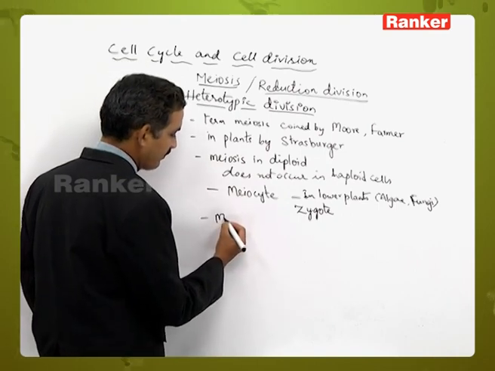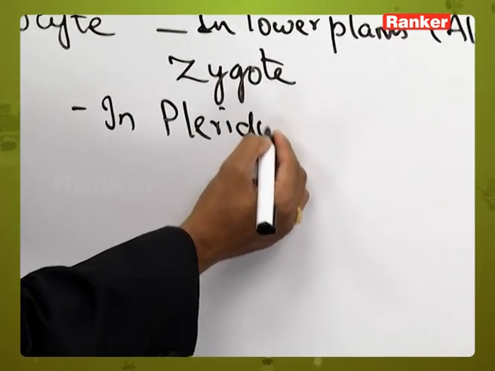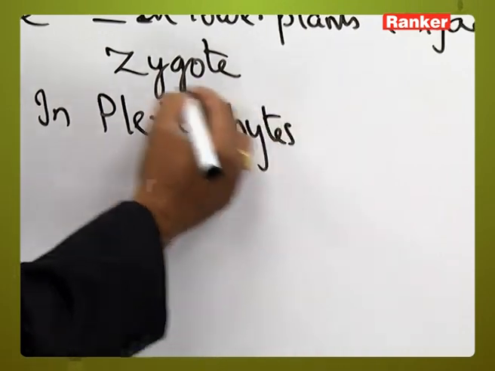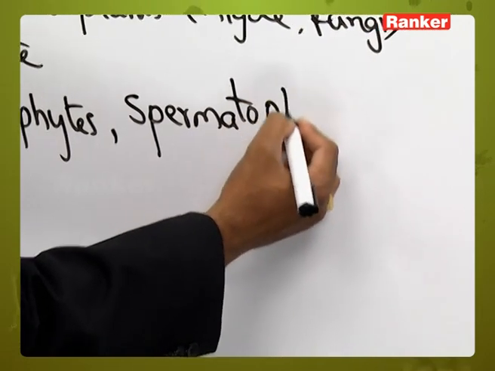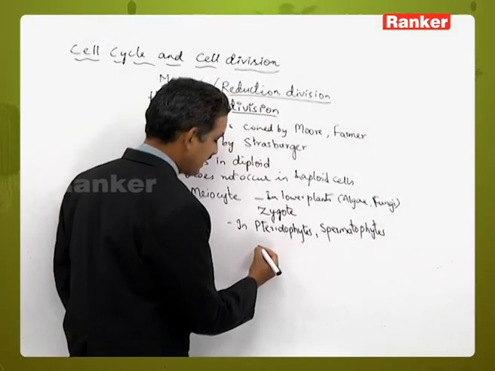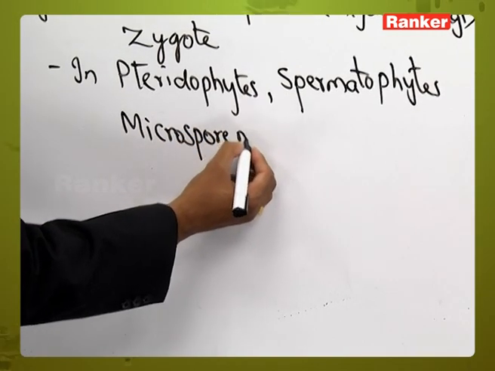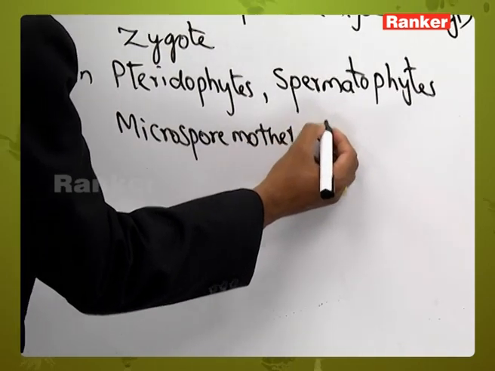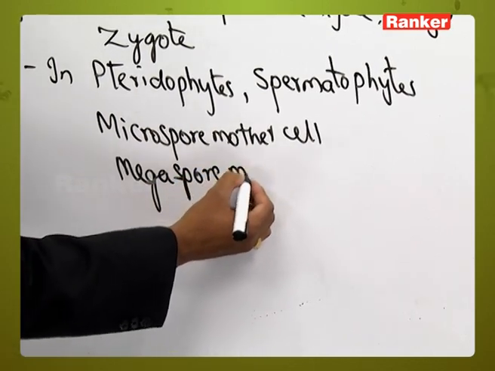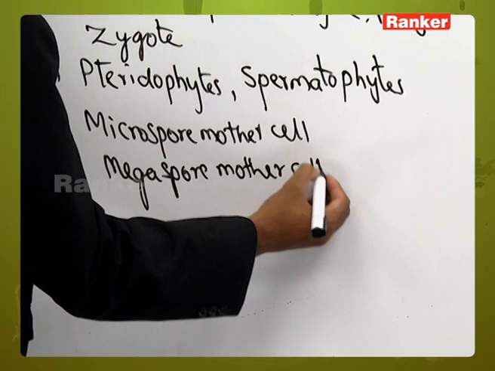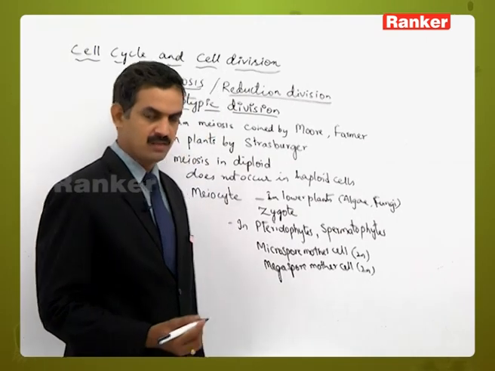But when it comes to pteridophytes and spermatophytes, spermatophytes meaning angiosperms and gymnosperms, in both of them the microspore mother cell and the megaspore mother cell, both of which are diploid in condition, are acting as meiocytes.